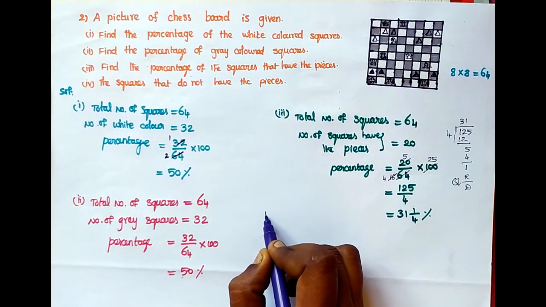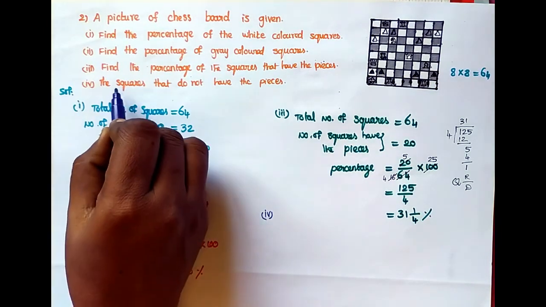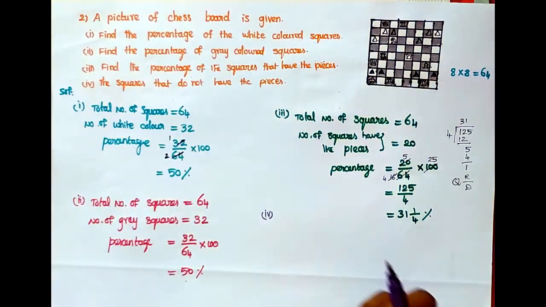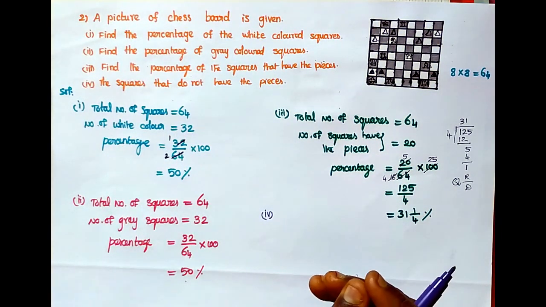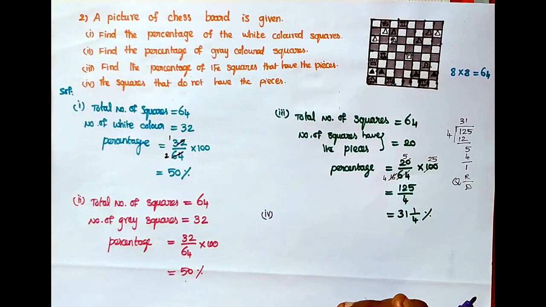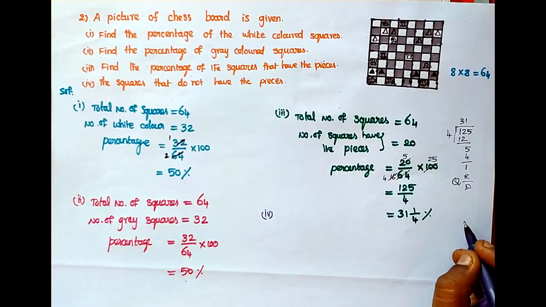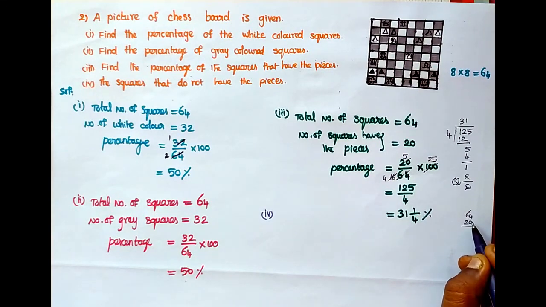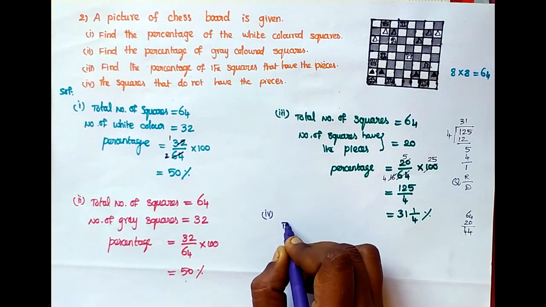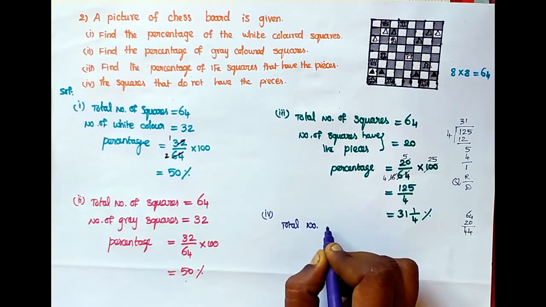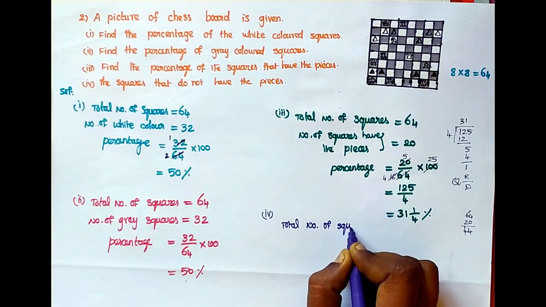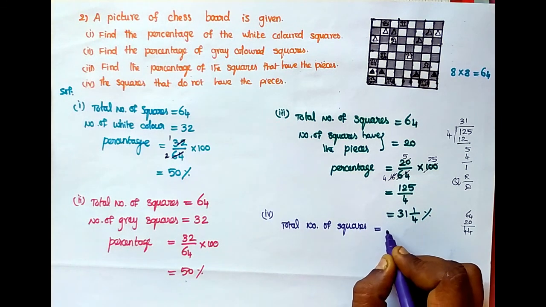Fourth one, the squares that do not have the pieces. So find the percentage of the squares that do not have the pieces. Listen. That have the pieces means 20. So out of 64, 20 have the pieces. So balance is 44. Now write down total number of squares equal to 64.